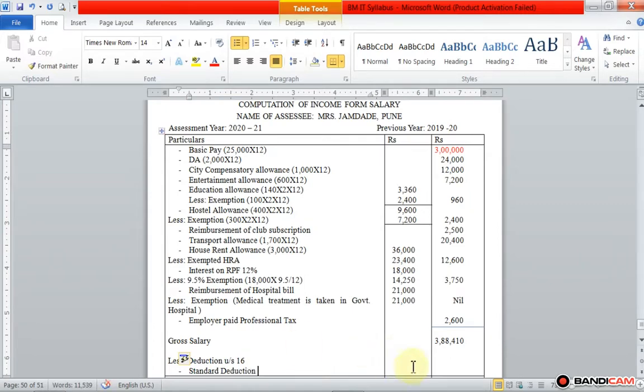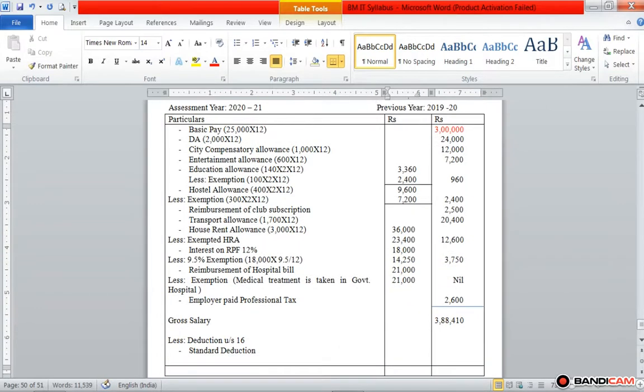The standard deduction is 50,000 under section 16 subsection 1A, amounting to rupees 50,000.